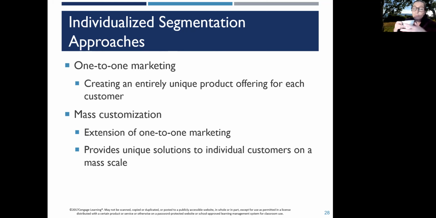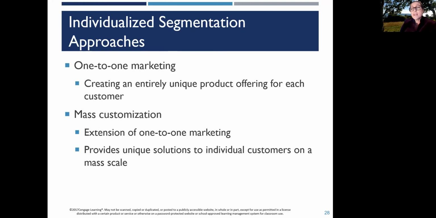In the automobile market, the Rolls-Royce is an example that is still handmade specifically to meet customers' needs. But if we introduce technology into this concept of one-to-one marketing, we end up with something that's recognized as mass customization. So this is the extension of one-to-one marketing using technology.